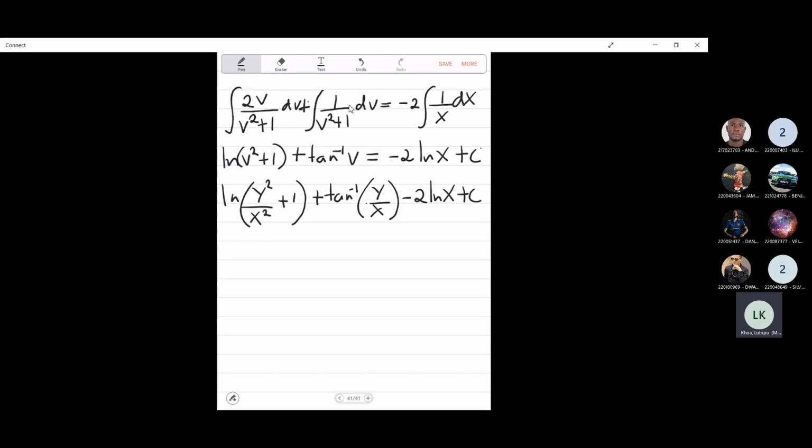And then again, we need to remember that the question was not in terms of big Y and big X. Now we need to write in terms of small x and small y.